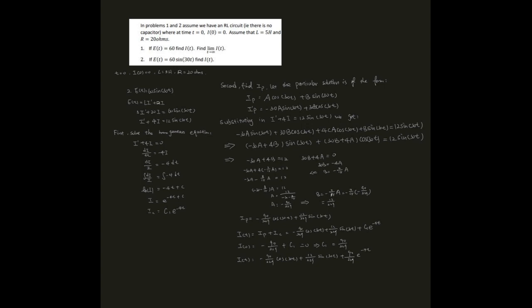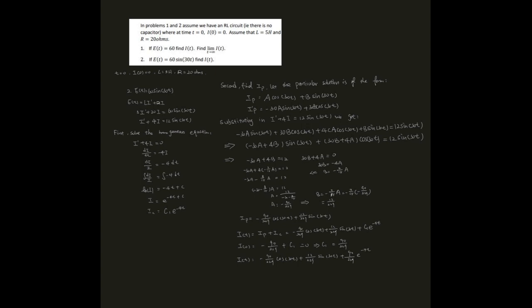i(t) is equal to i_p plus i_c, and we have i(0) equals 0. So plugging in t equal to 0, we have negative 19 over 229 plus c1 equal to 0. So we have c1 equal to 19 over 229.